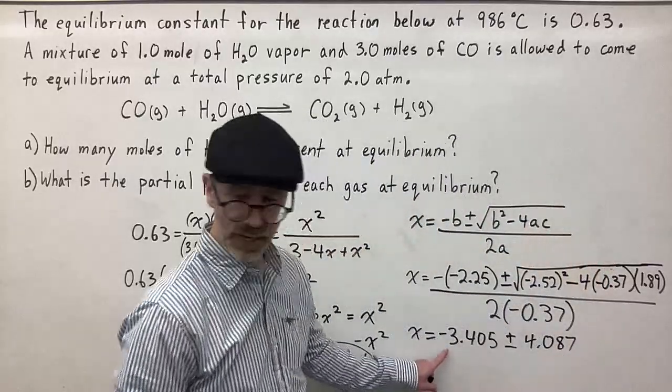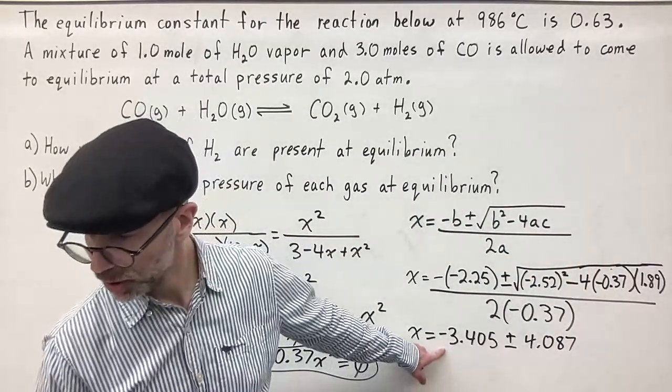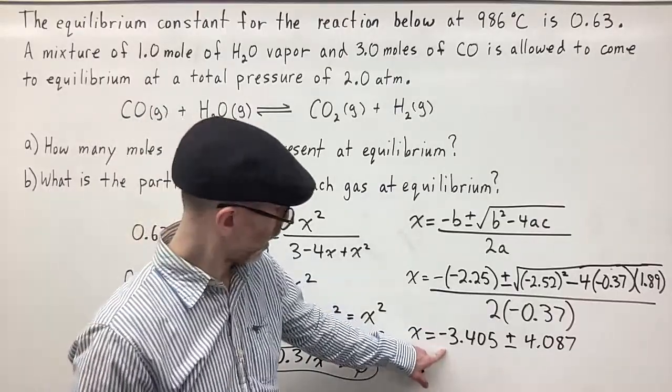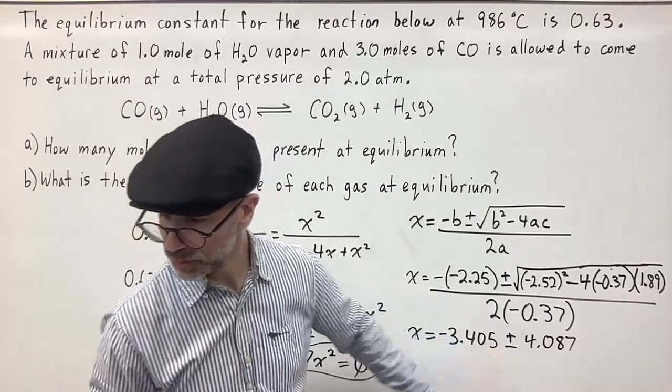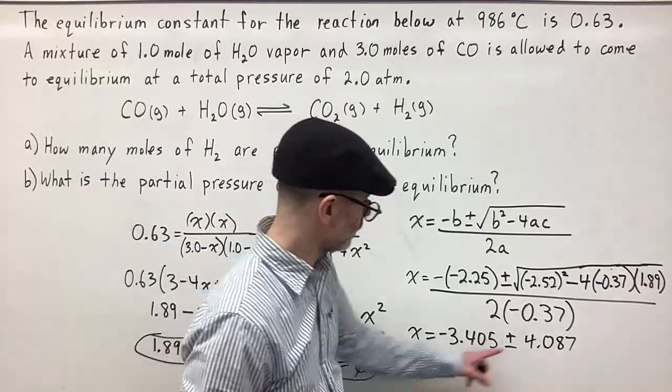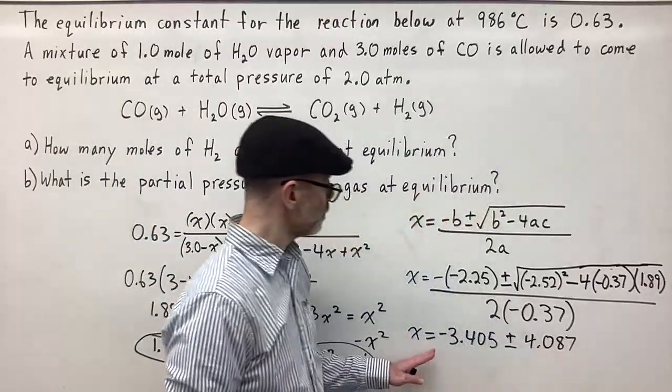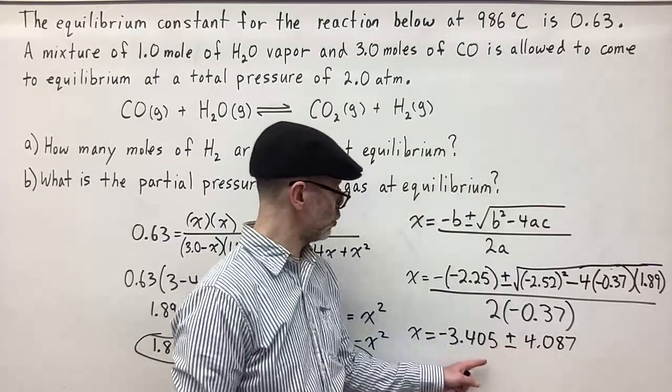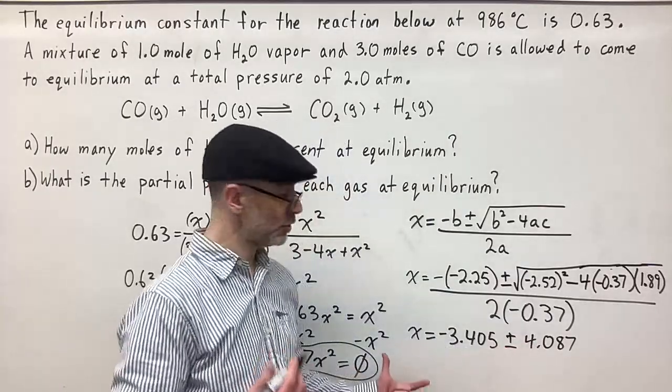Let me double check that. Negative 3.405 and plus or minus 4.087. Yeah, 87.